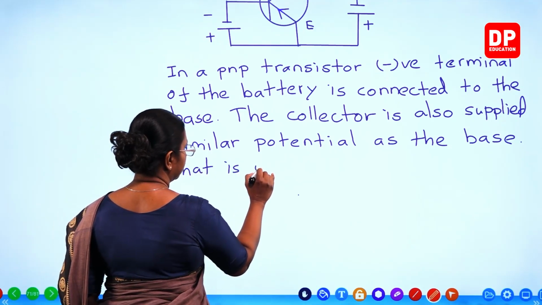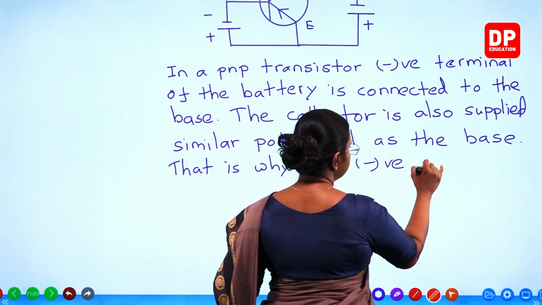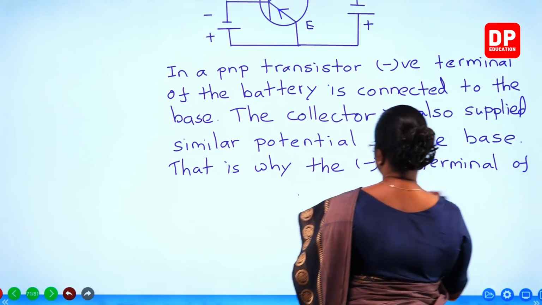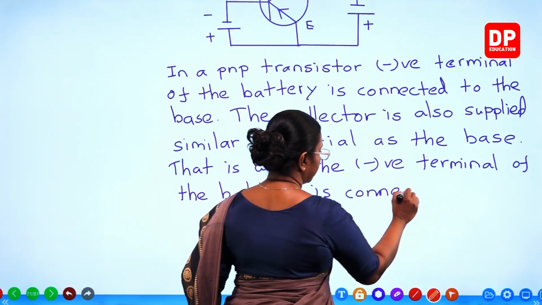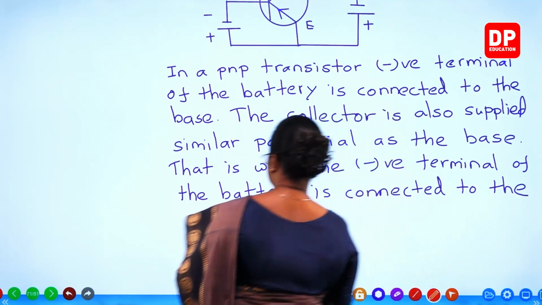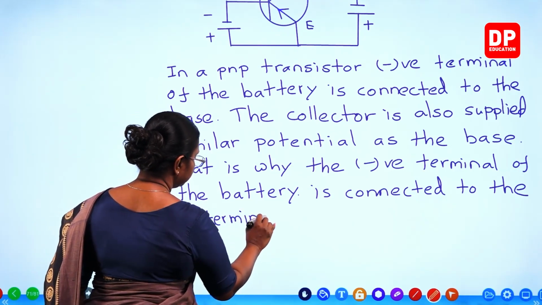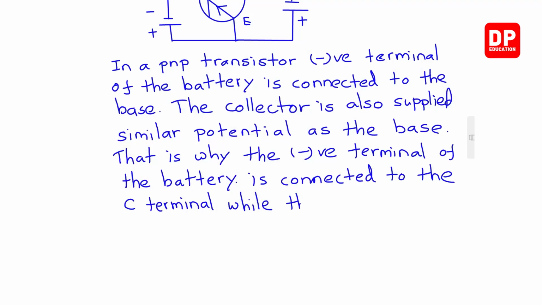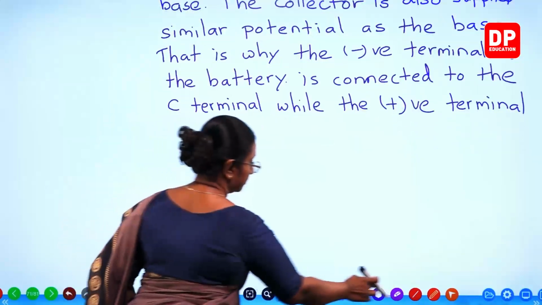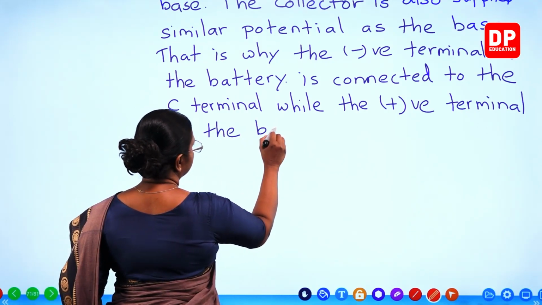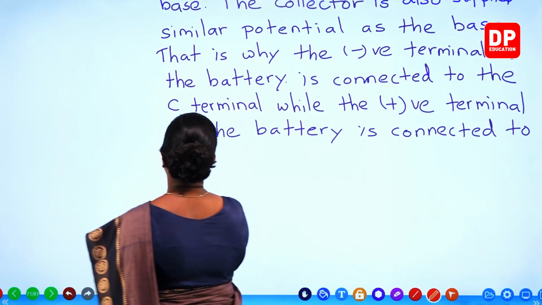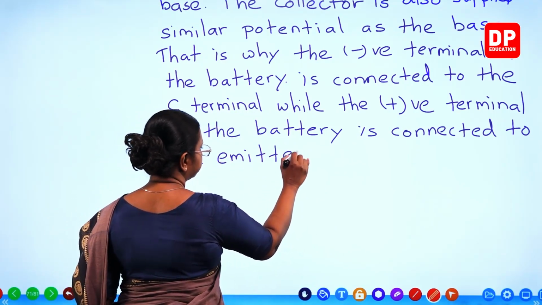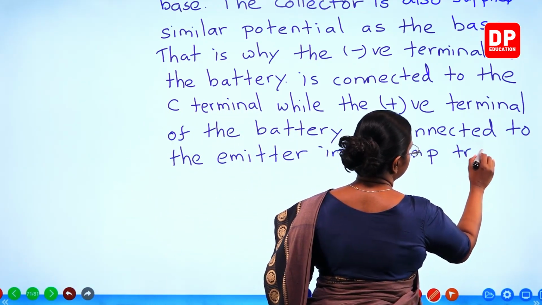That is why the negative terminal of the battery is connected to the C terminal, while the positive terminal of the battery is connected to the emitter in a PNP transistor.